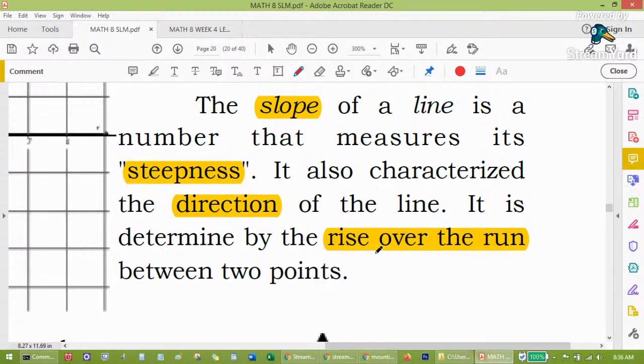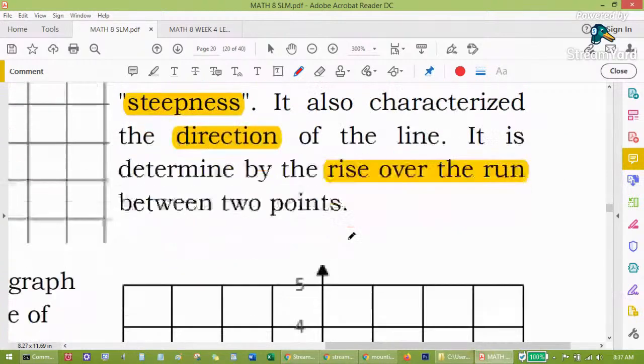So, pwedeng sa kanan tumakbo, pwedeng sa kaliwa. Yung rise naman, pwede kang umakyat or pwede namang bumaba. Okay.